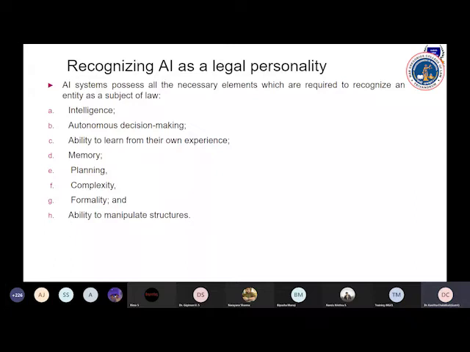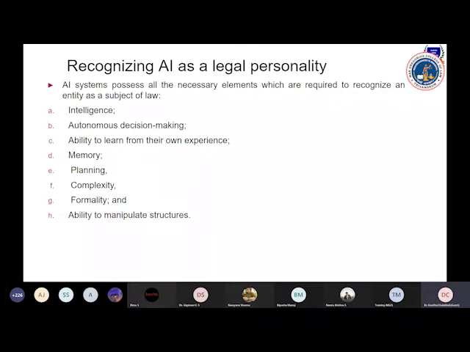So when we try to identify AI as a legal personality, we can see that these features like the intelligence, autonomous decision making, or ability to learn from its own experience, here it is basically the data which you input and the solution which you get, the memory, the planning complexity, and formality, or basically the analysis and the ability to manipulate structures.